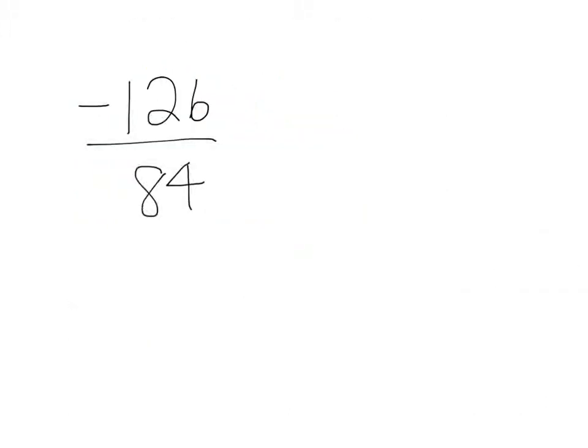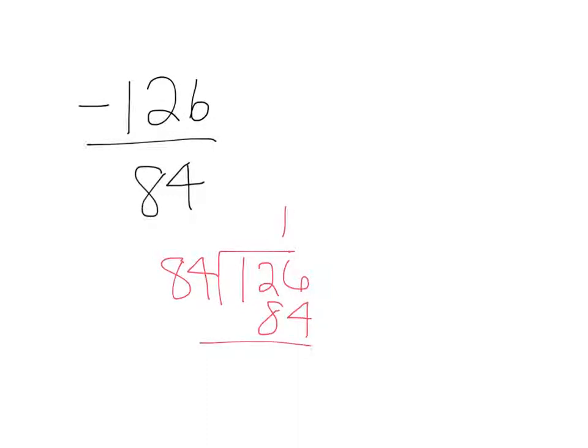I'm just going to do a quick review on how to simplify an improper fraction down to a mixed number. What you need to do is simplify this by taking your 126 and dividing it by 84 to figure out how many times this can go in. So here, 84 can go into 126 one time, and so then you have 126 minus your 84, which gives you a leftover 42.